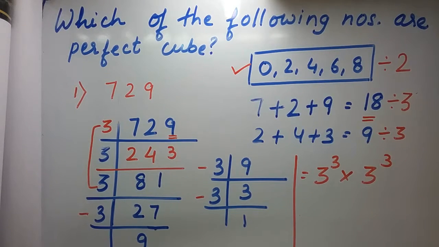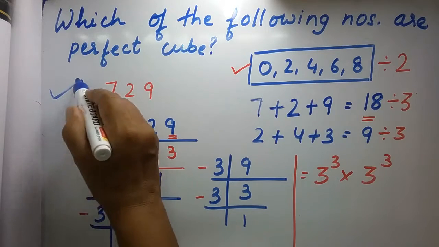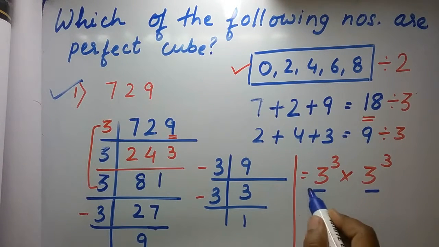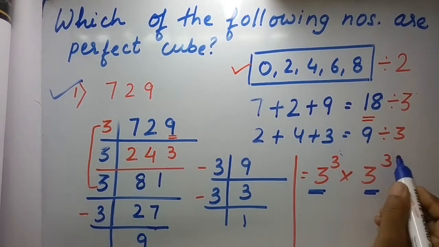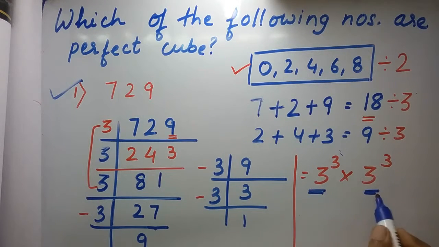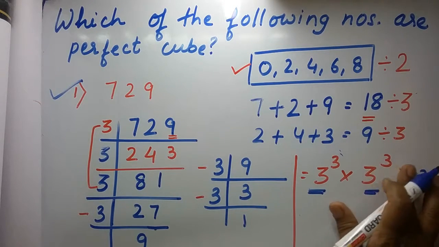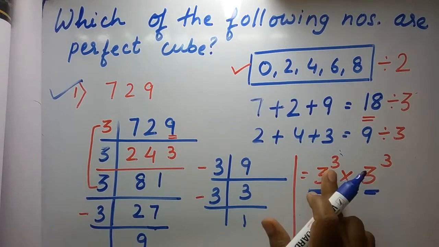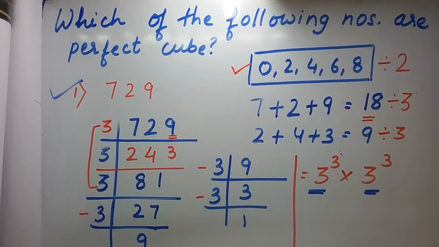So we can call 729 a perfect cube because you have 2 sets of cube here. If you have one more 3, it won't be a perfect cube. This number is a perfect cube. That is, 729 is a perfect cube.